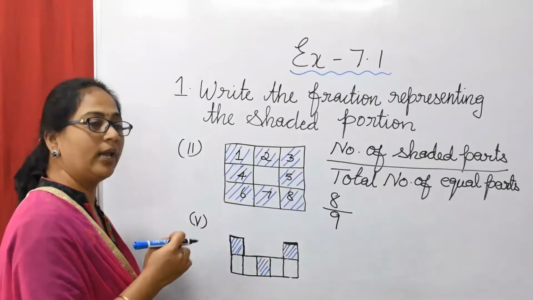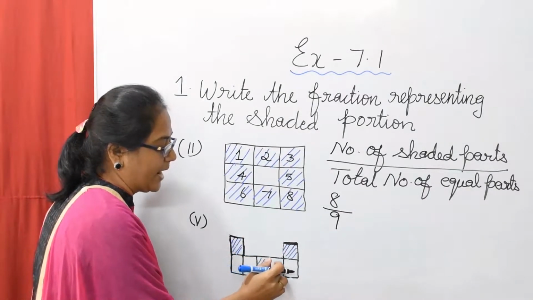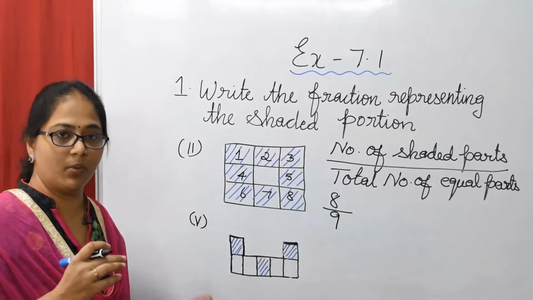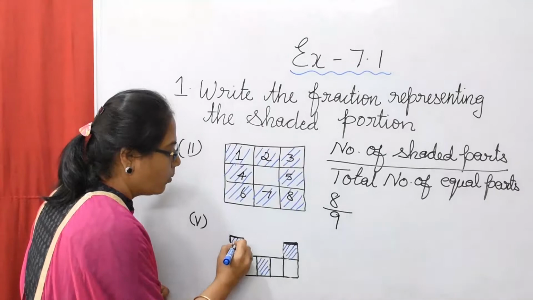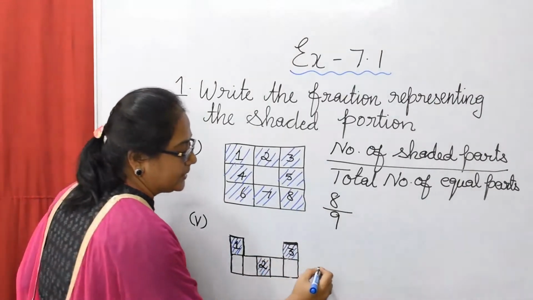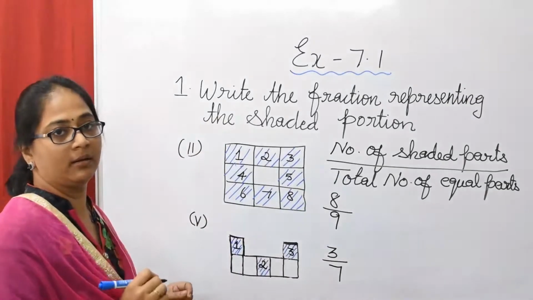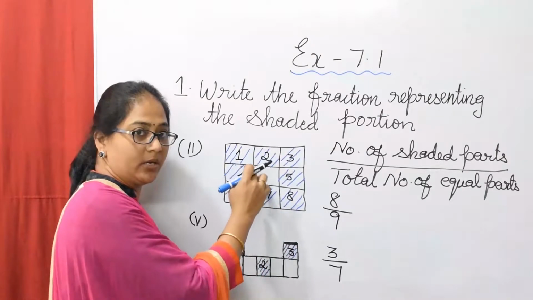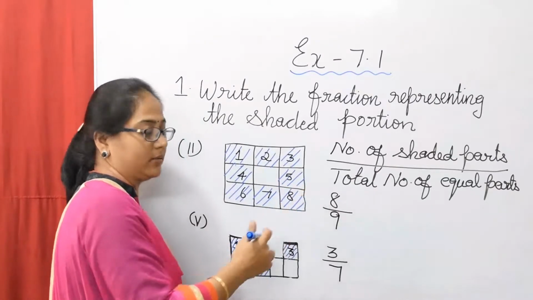The total parts are 1, 2, 3, 4, 5, 6, 7, so 7 equal parts, and out of that 3 parts are shaded. As I already told you, the total number of parts is the denominator and the number of shaded parts is the numerator.